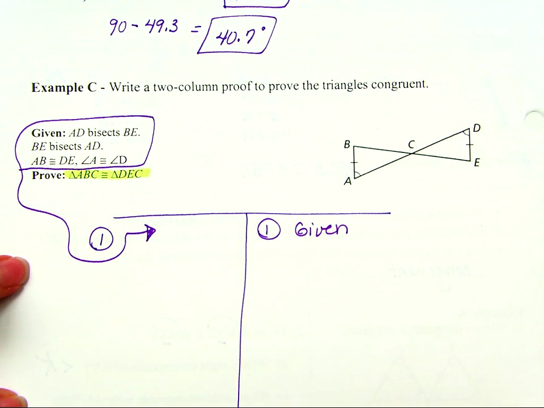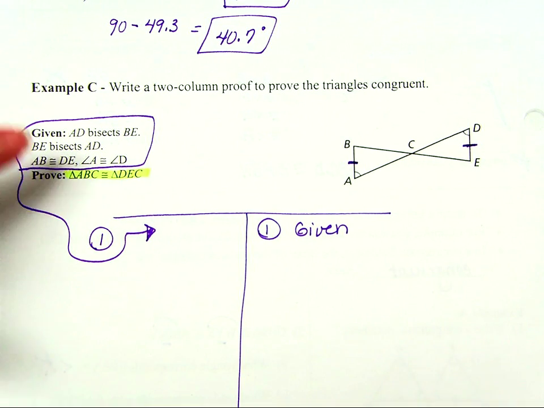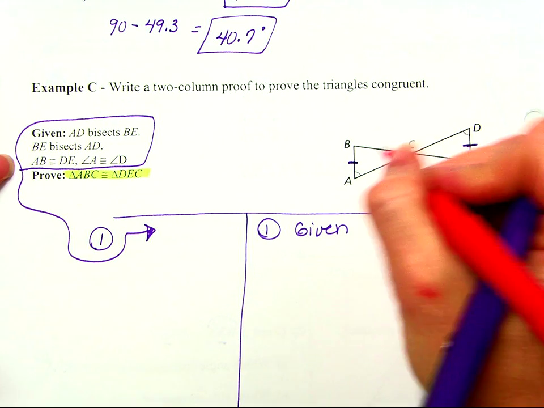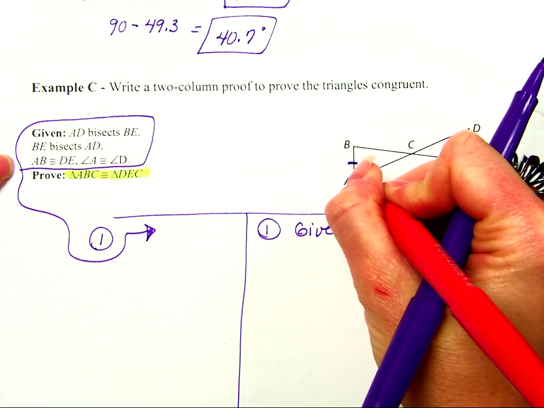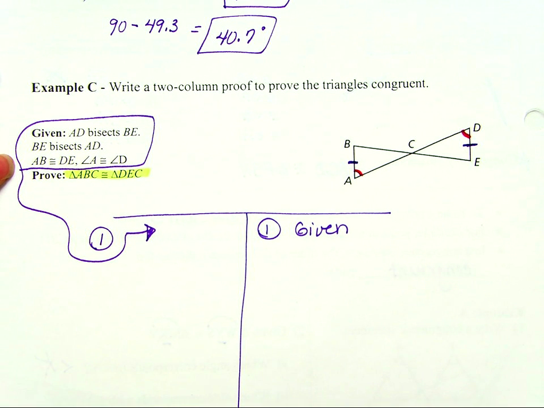But I should read through each thing. I'm actually going to start with what they tell me is congruent. They tell me that AB is congruent to DE, and I like to double check that that is marked. And they also tell me that angle A is congruent to angle D. What else am I going to say?